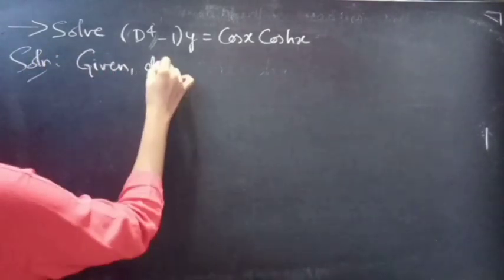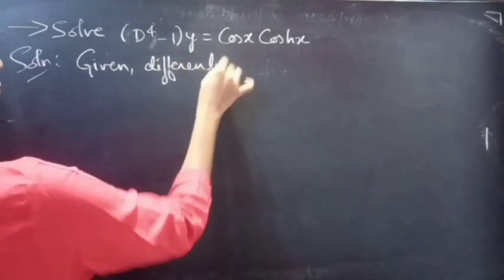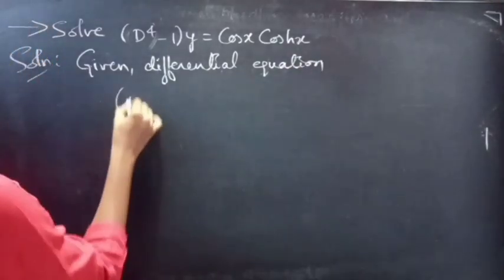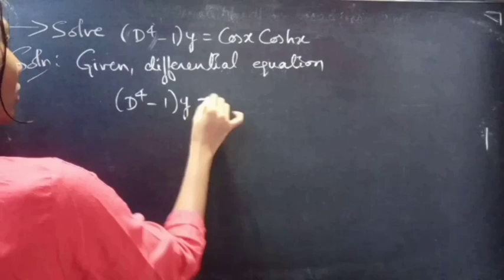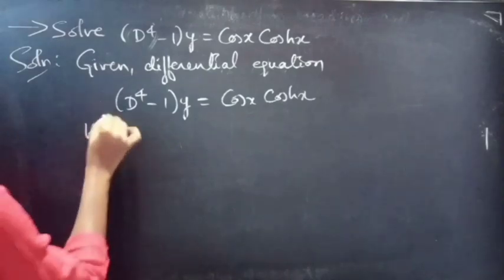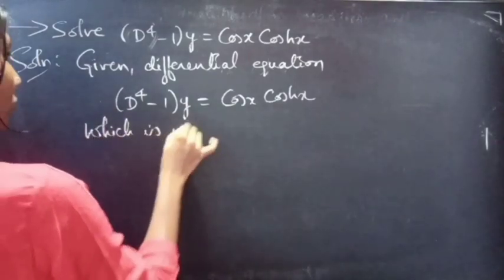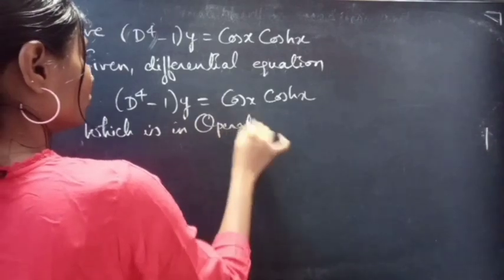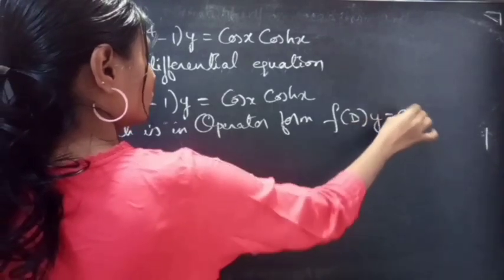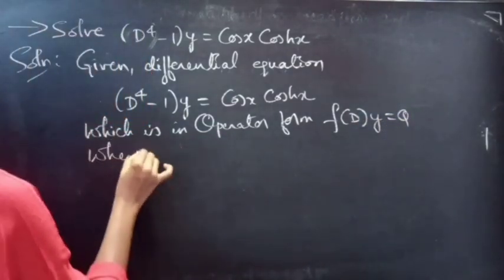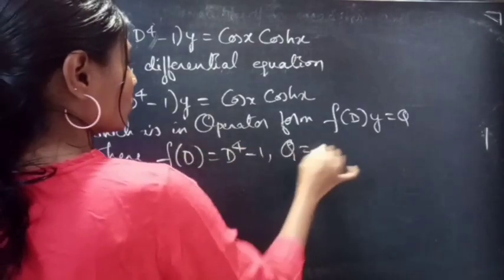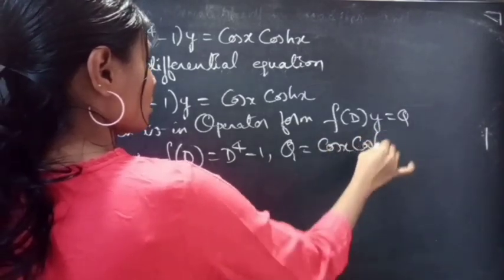Given differential equation (D^4 - 1)y = cos x cosh x, which is in operator form F(D)y = Q, where F(D) = D^4 - 1 and Q = cos x cosh x.